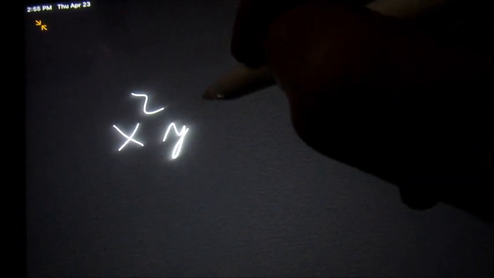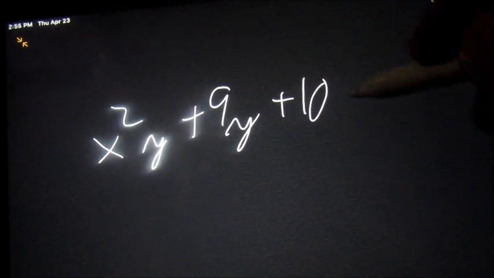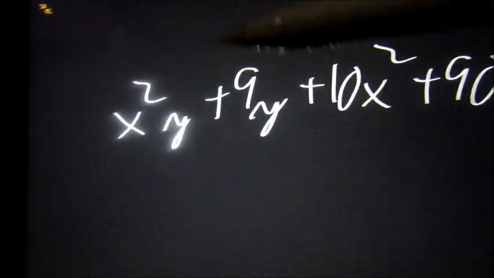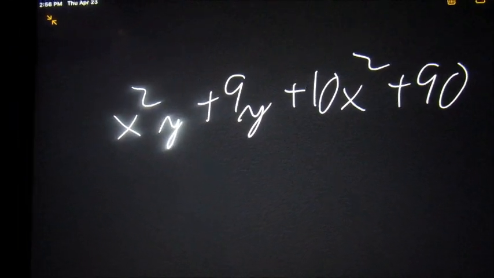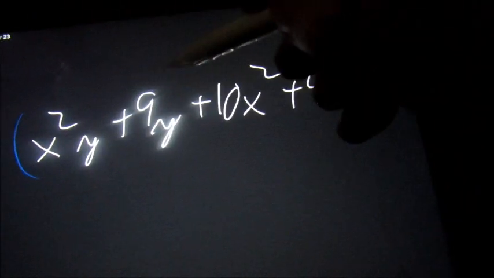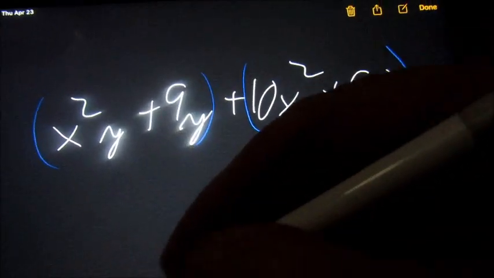And then let's do one with 4 terms. x squared y plus 9y plus 10x squared plus 90. Now whenever we have 4 terms like this, we have to factor by grouping. So I'm going to group the first 2, and I'm going to group the second 2.